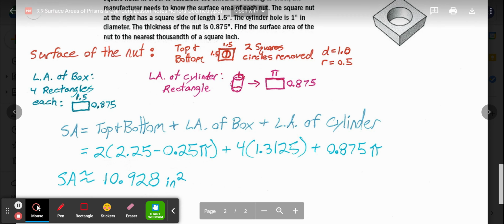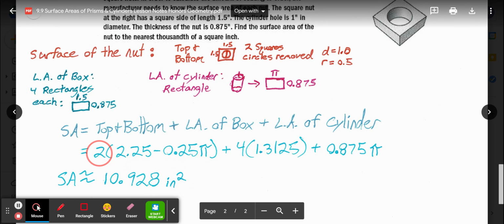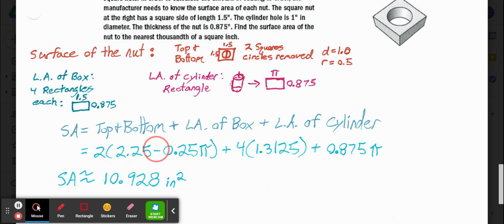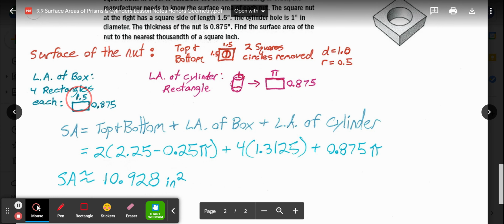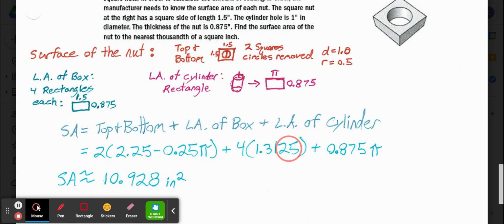The top and bottom, well, we have two squares there that have an area of 1.5 times 1.5 minus the circle that was removed. And the circle that was removed would be minus 0.25 pi. Then we have the area of the box, which would be 4 multiplied by the area of these rectangles, 1.5 times 0.875, which is 1.3125.